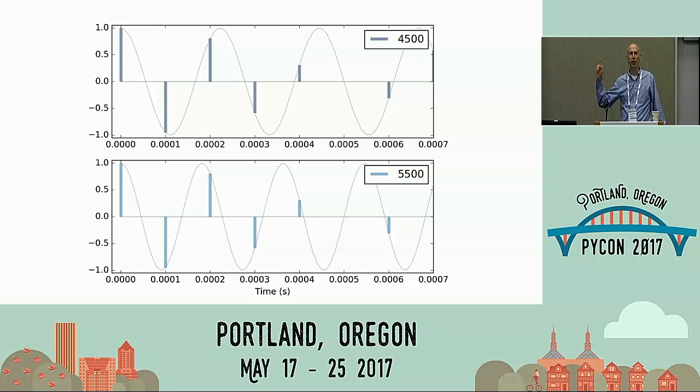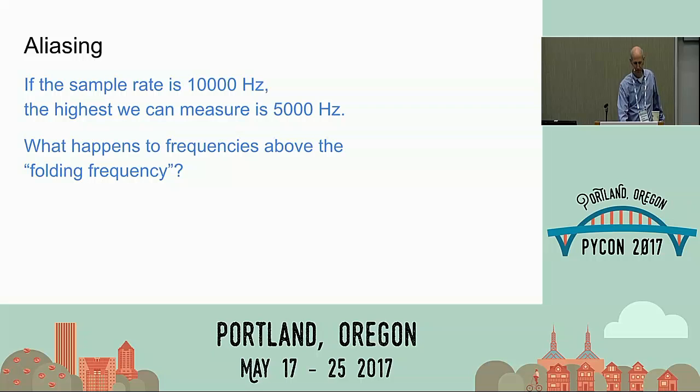So if you heard this, because we hear continuous sound in the room, you would hear two different pitches. But after you've taken discrete samples, there is now no difference at all between those two signals. And that's the reason it's called aliasing: you have two different pitches that are behaving as if they are the same pitch. It's sort of like having two names for the same thing, like having an alias.